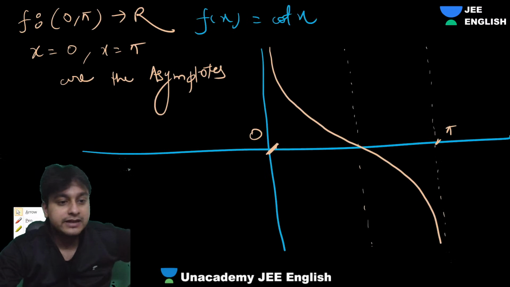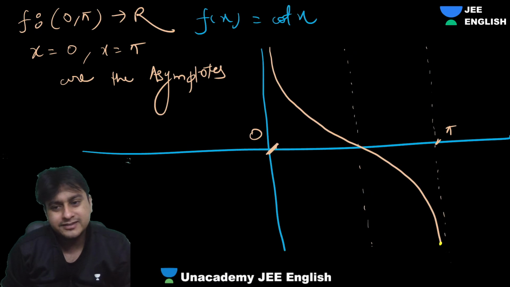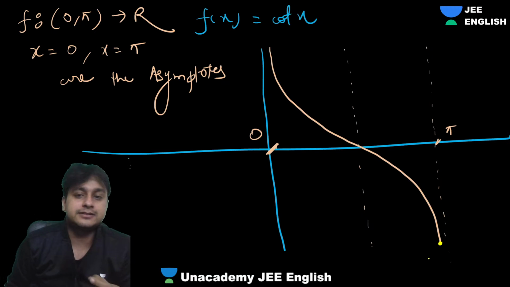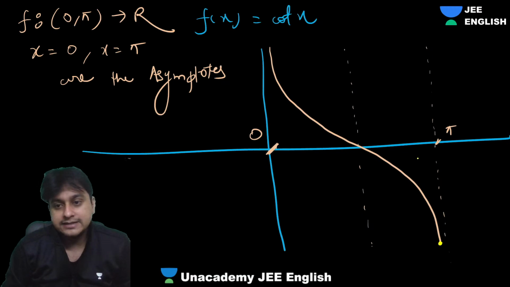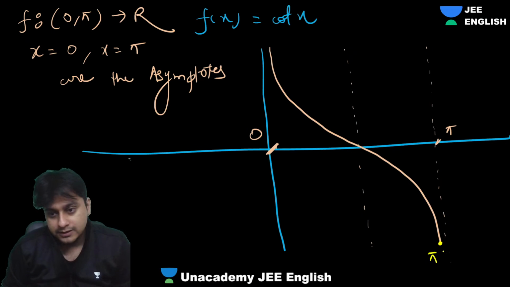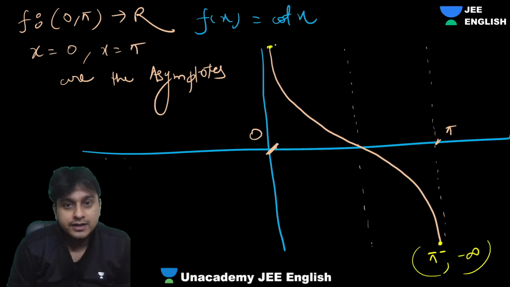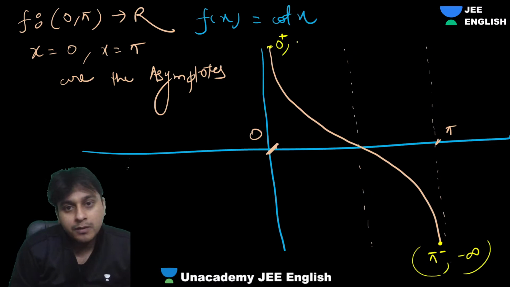Now guys, one by one I will name the points over here and then I'll flip it. I'm just going one step by step, guys, so that everyone understands. Slightest of the doubts, please ask. Okay, so slightly before pi, what is that? Less than pi. Pi minus, comma, minus infinity. This point is pi minus, comma, minus infinity. This point is slightly more than 0, right? 0 plus, comma, infinity.